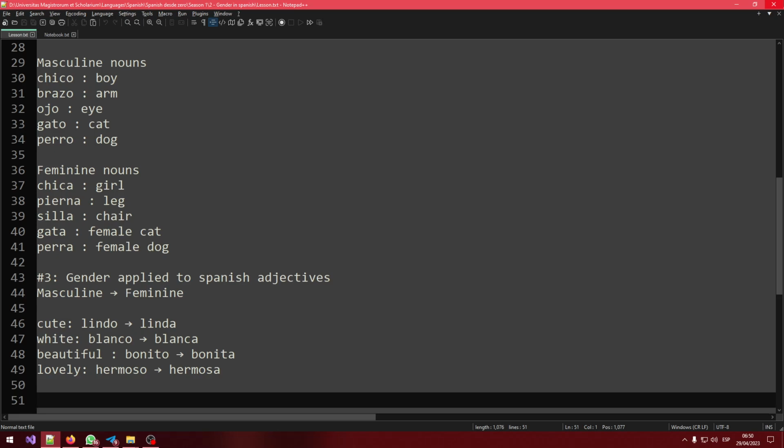And that is it. Of course there are more details about gender in Spanish, but we are not going to spend an entire lesson to study all the differentiations and details about gender in Spanish.